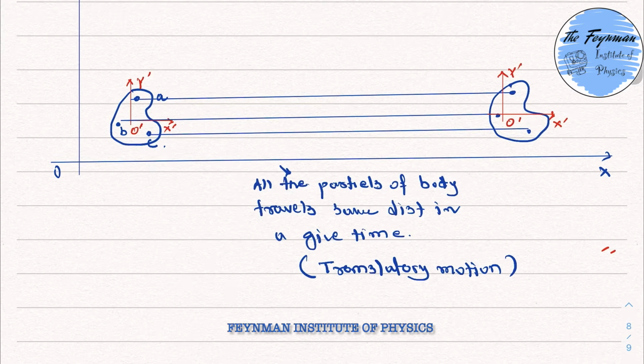Also from the above motion we can see that all the constituent particles are not only traveling the same distance in a given time, but also the body is moving in a straight line path.